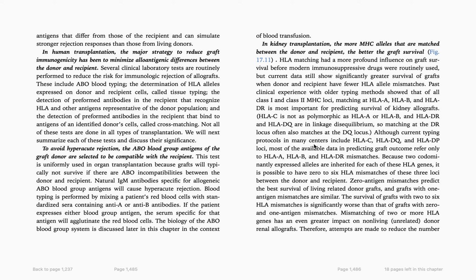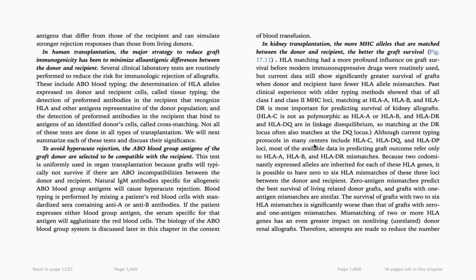To avoid hyperacute rejection, the ABO blood group antigens of the graft donor are selected to be compatible with the recipient. This test is uniformly used in organ transplantation because grafts will typically not survive if there is ABO incompatibility between the donor and recipient. Natural IgM antibodies specific for allogeneic ABO blood group antigens will cause hyperacute rejection.